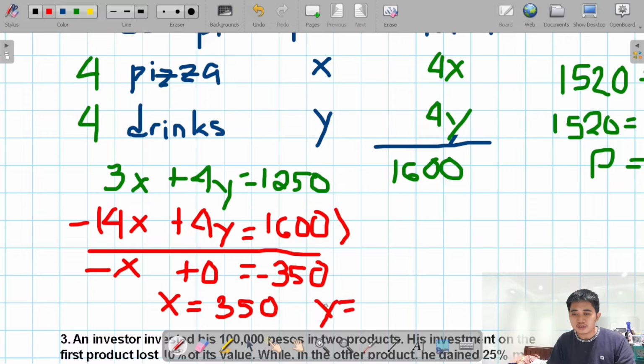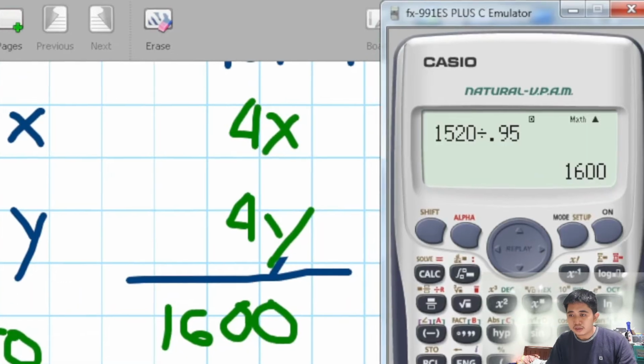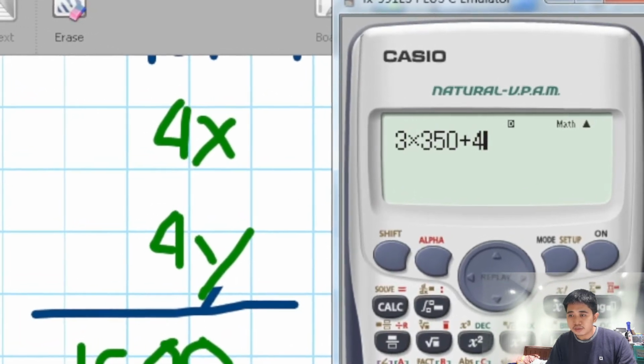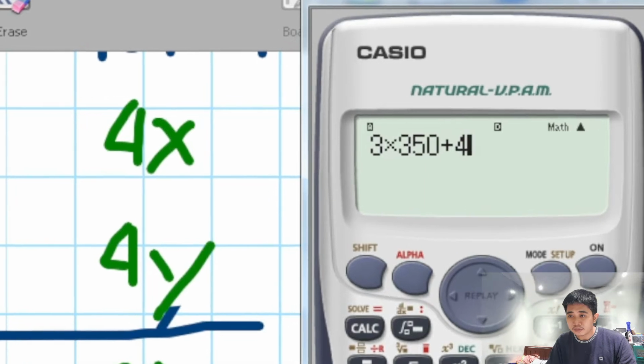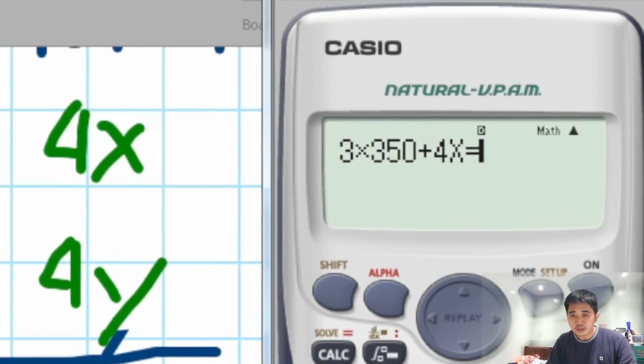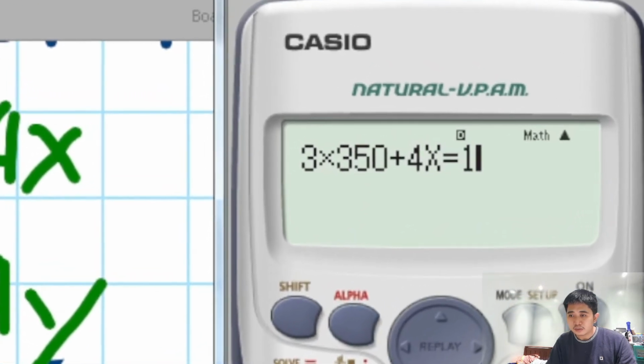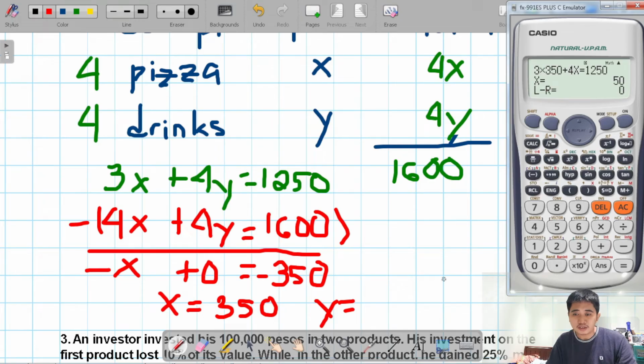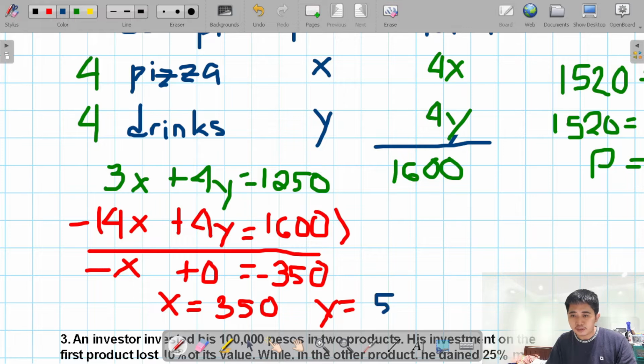And for Y, substitute 350 into the equation: 3 times 350 plus 4Y equals 1,250. This is the first equation, by the way. Y is 50 pesos.